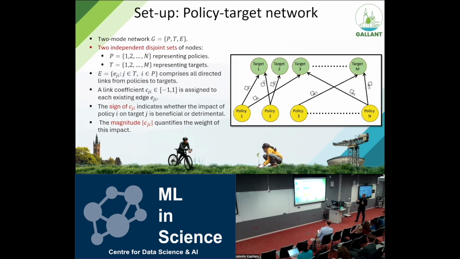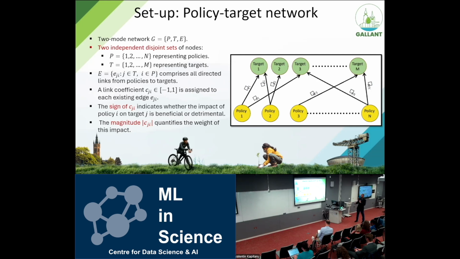So this is the setup for our policy target network. We define a two-mode network where the nodes are divided into two disjoint sets representing policies and targets. And then the unidirectional links from policies to targets signify the directed impact of policies on targets.